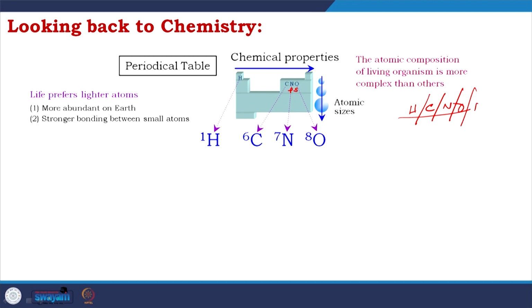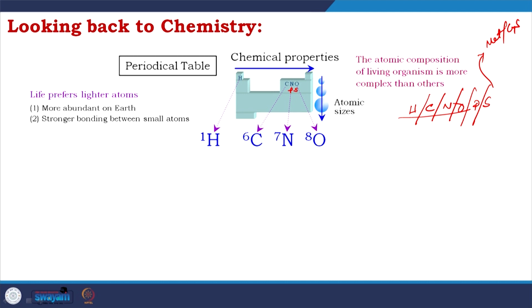So this is what our biology is mostly composed of. In case of protein, you already know that hydrogen, carbon, nitrogen, oxygen and sulfur are there. Sulfur is there in case of methionine and cysteine.